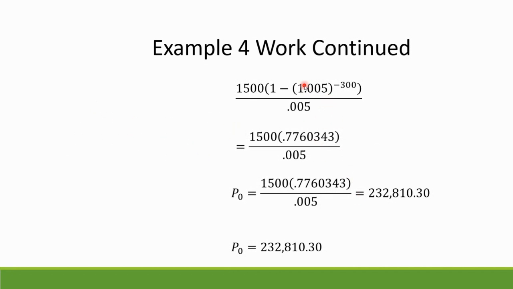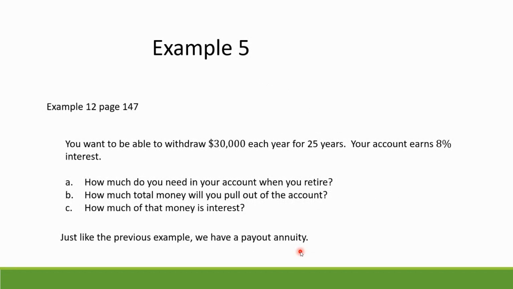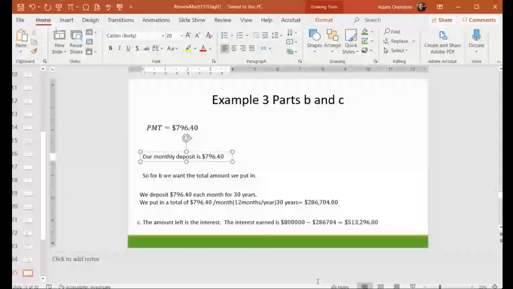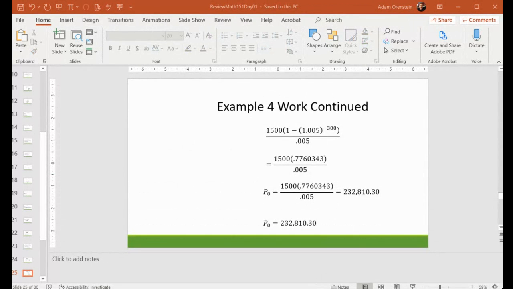We end up getting this when we do 1 minus this. Then to get P0, we carry out this quotient, and we get this. So we need to have in our account $232,810.30 in the beginning. That's what our P0 is. All right, I think I'm going to have to stop here, so I'm going to stop recording.